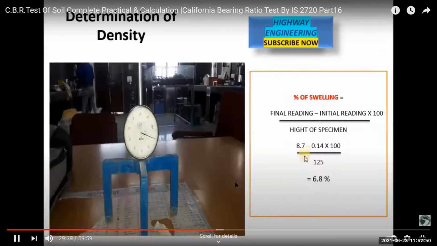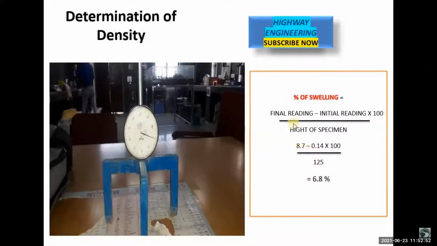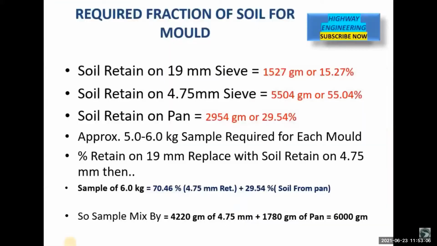Here final reading is 8.7, initial reading is 0.15. If we divide it by 125, then we get 6.8% as percentage of swelling. So basically this is our percentage of swelling.